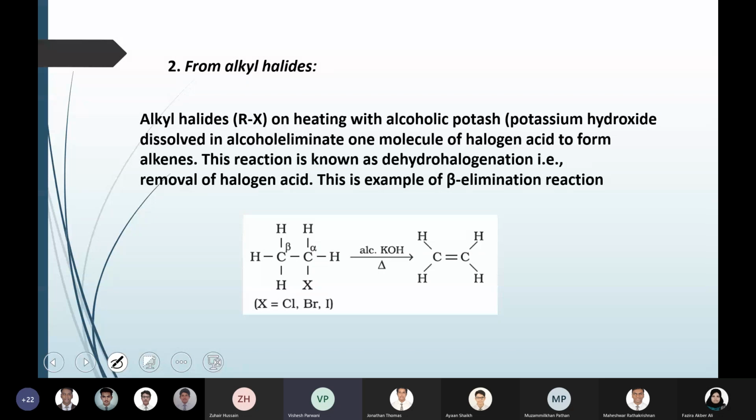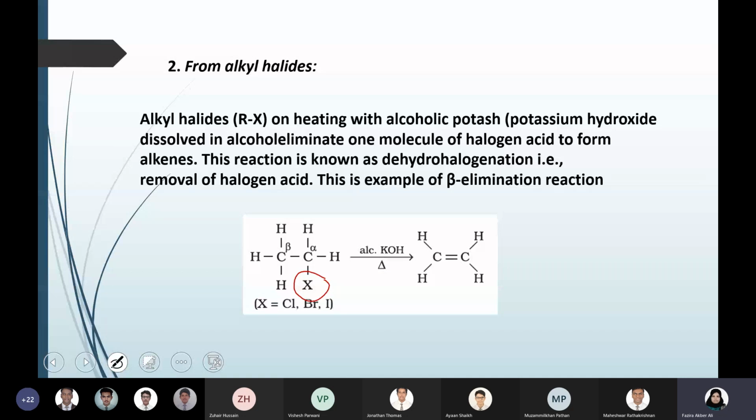Which is an alpha carbon, which is a beta carbon? If this is the functional group, then this is shown as alpha. Yeah, very good. That means alpha is the carbon directly attached to the functional group.